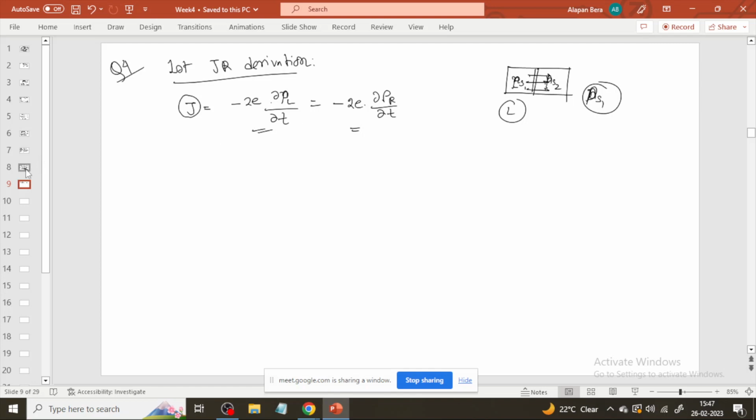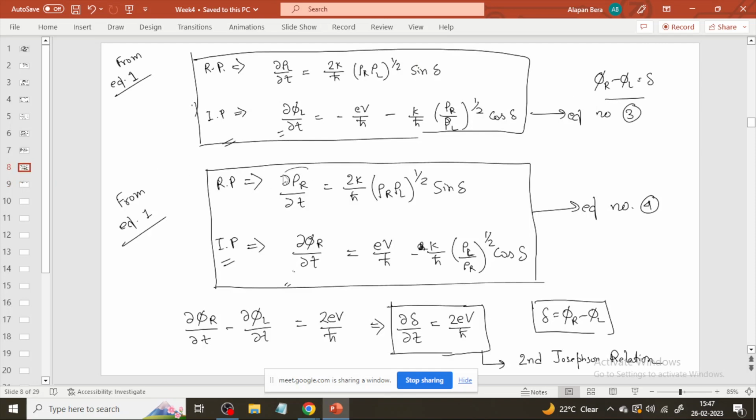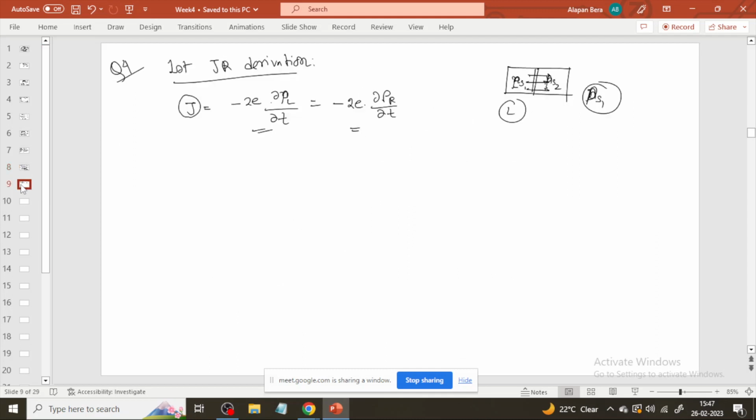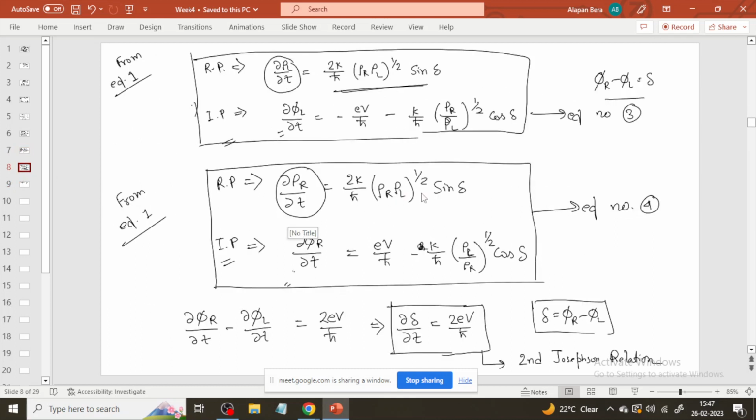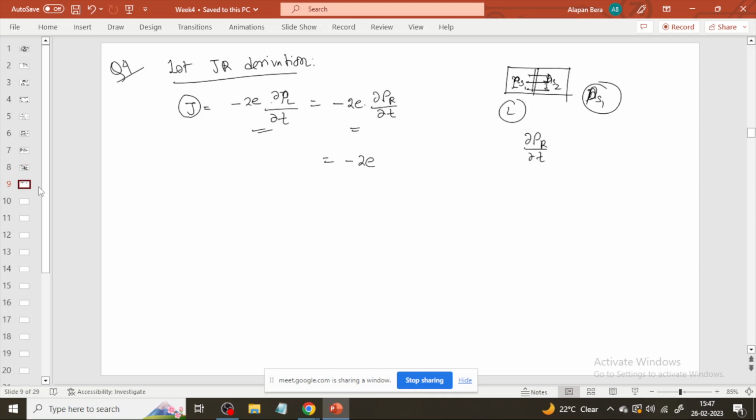Now from this equation, d rho L by dt or d rho R by dt, they are basically the same, and they are given by this term. So these two things are the same. Also, we can get this from this equation. Now if we put the value of this d rho R by dt in this equation, we get d rho R by dt equal to 2K by h cut times the square root of rho L rho R times sine delta.